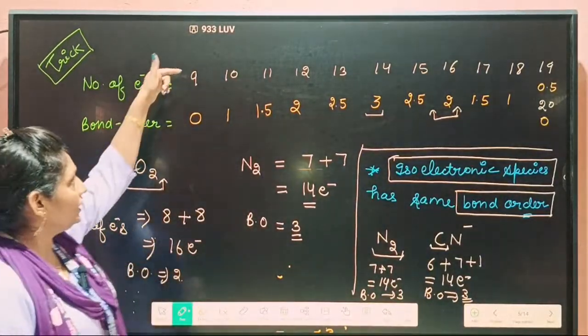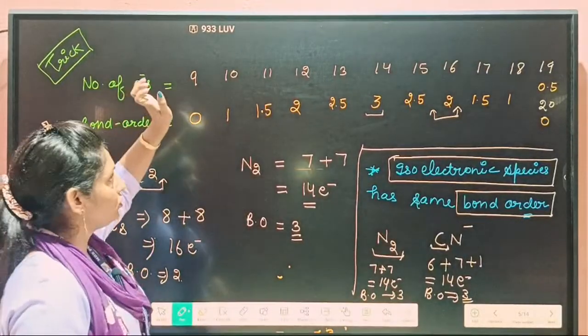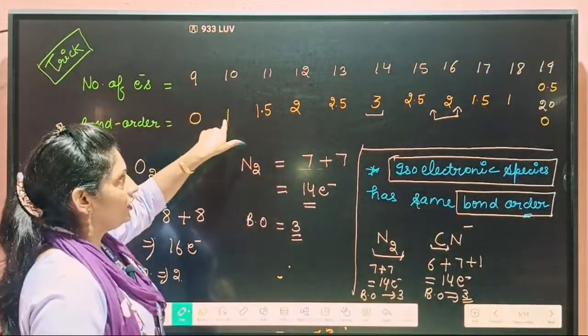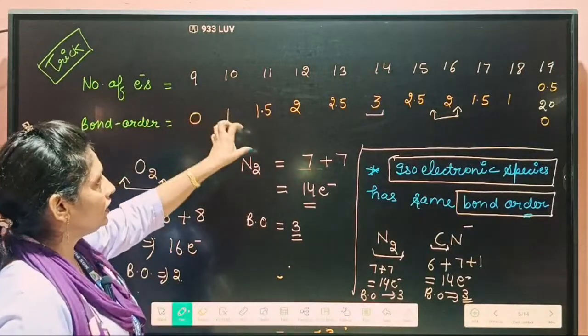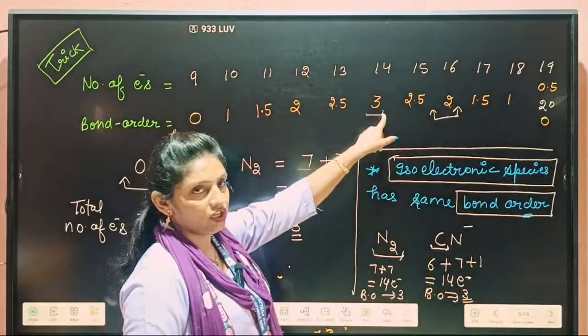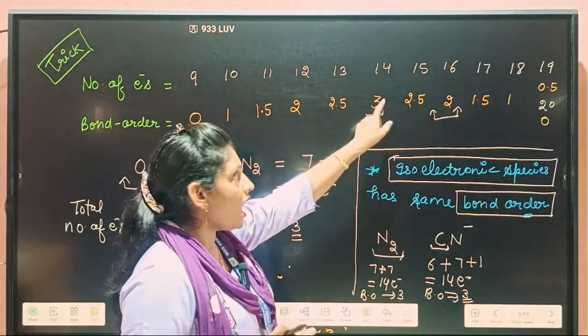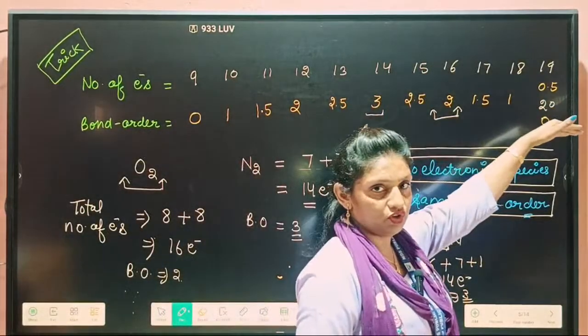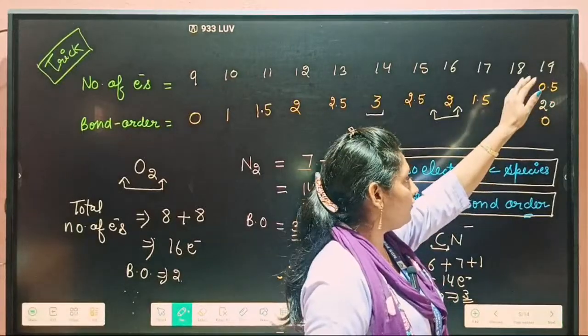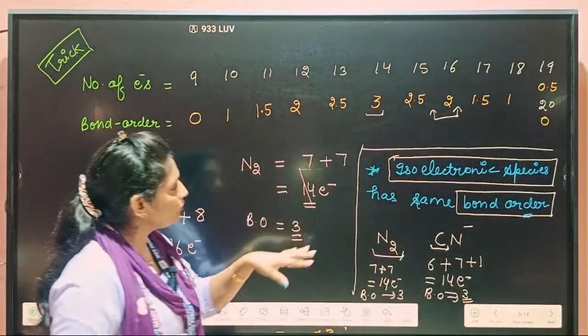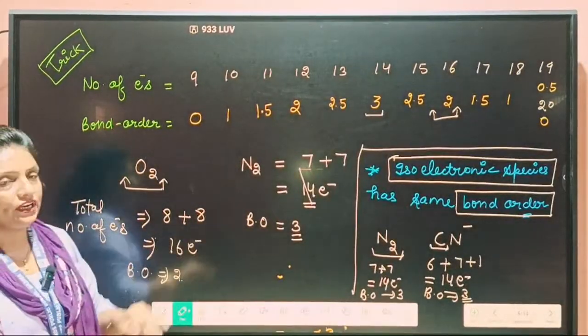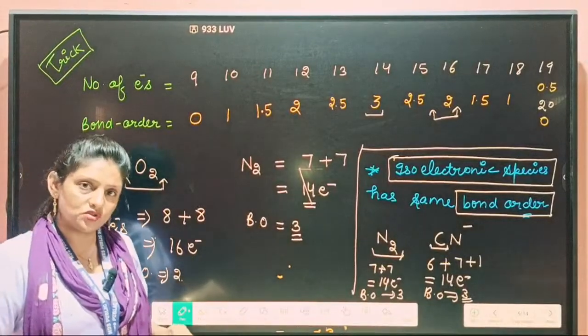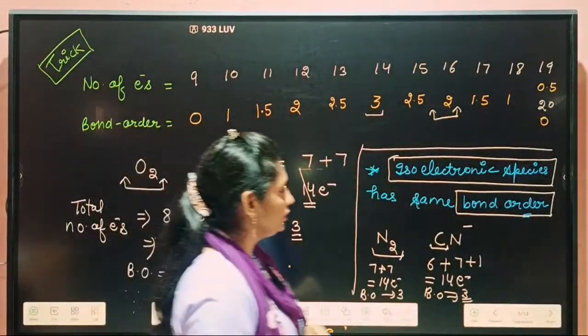First of all, for 9 electrons you will take 0. For 10 you will take 1. After that you will start increasing by half. Up to 3 you will do this. After reaching 3 you will start to decrease by half. And by using this simple trick you can calculate the bond order. Okay students, I hope this concept is clear to you.